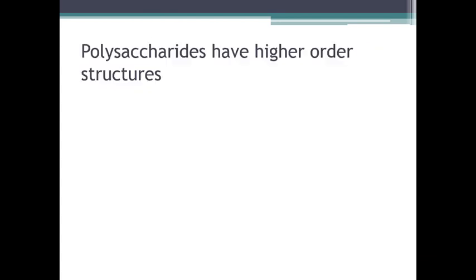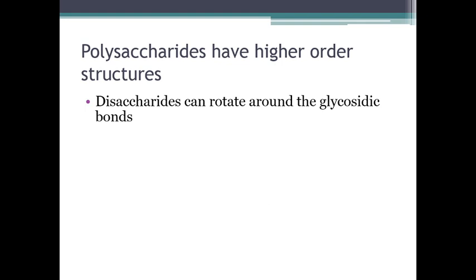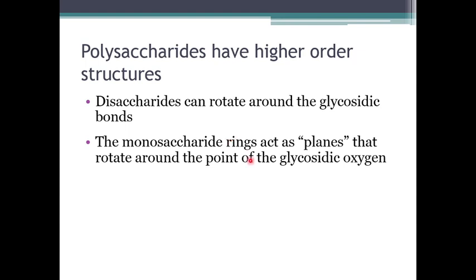Polysaccharides have higher order structures. For example, disaccharides can rotate around the glycosidic bonds. The monosaccharide rings act as planes that rotate around the point of the glycosidic oxygen. Therefore, they have phi and psi angles.